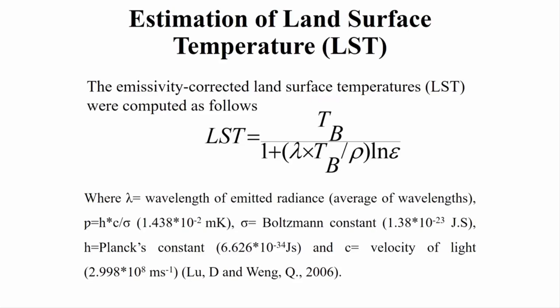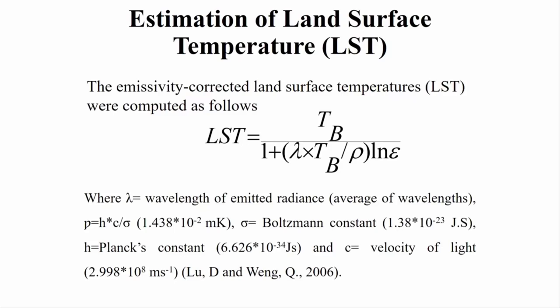There are several algorithms and techniques to calculate the emissivity. One technique is NDVI based, but there are several other techniques also. Based on those techniques, one can measure the emissivity, and after measuring that, land surface temperature can be estimated.